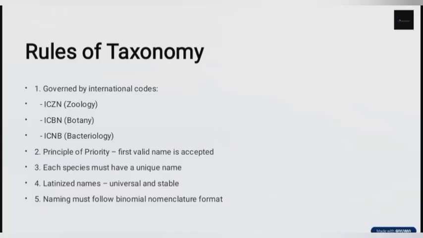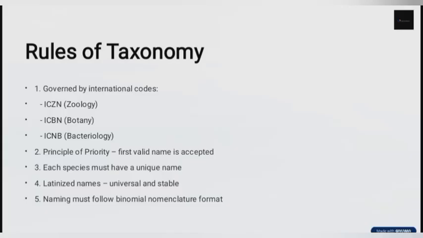Number one, everything we do in taxonomy must be governed by three key bodies, though there are more than three. ICZN, the International Code for Zoological Nomenclature.